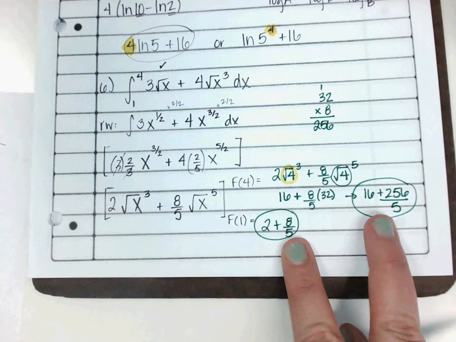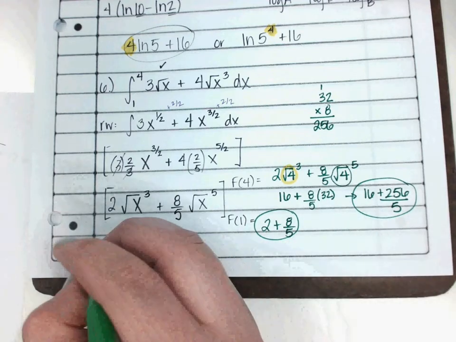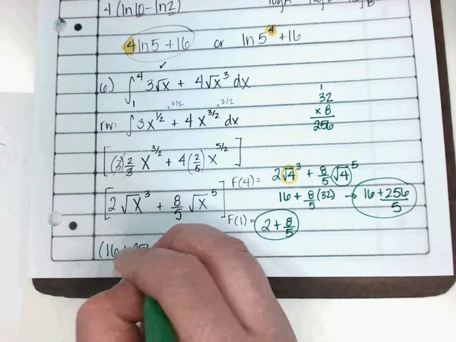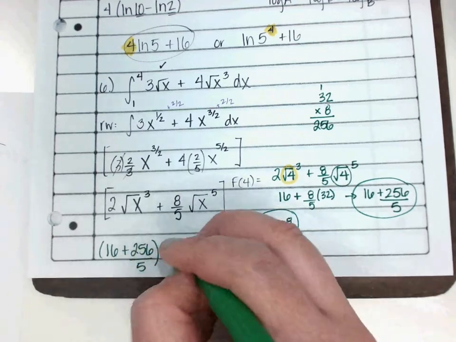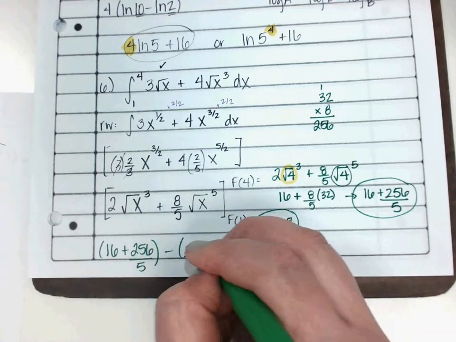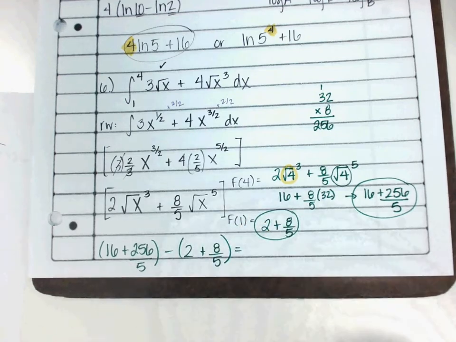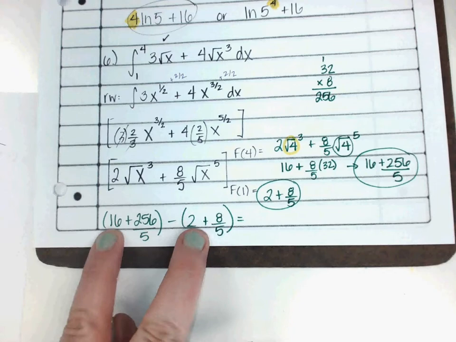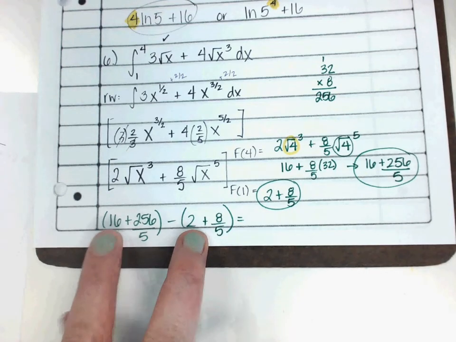Subtracting, right? Now, when you subtract, I would subtract the like terms together. So I'm going to write it out first. 16 plus 256/5 minus 2 plus 8/5. And then what is the 16 take away the 2, both whole numbers? 14.